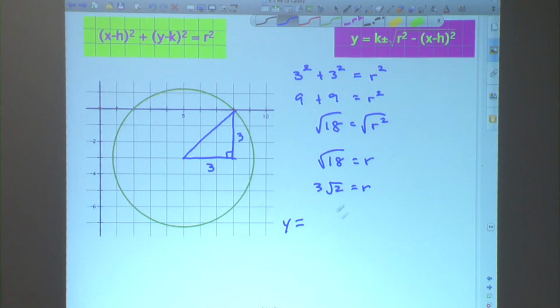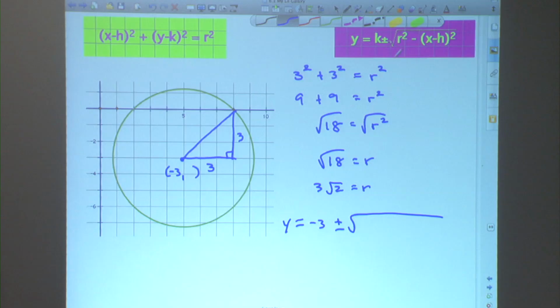What's our k? -3. What does k represent? The y value of the center. Okay, so what's that? -3. And then 5. Okay. And our radius is the square root of 18.